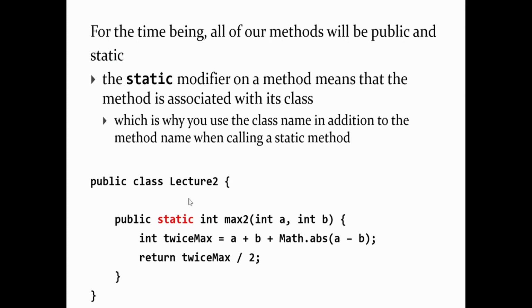So if somebody imports lecture2 and wants to use max2, they always write lecture2.max2. If it's static, always use the class name of the class that it's defined in to call the method. For now, all of our methods are static. That's going to change in a few weeks. Okay, static, method belongs to the class.